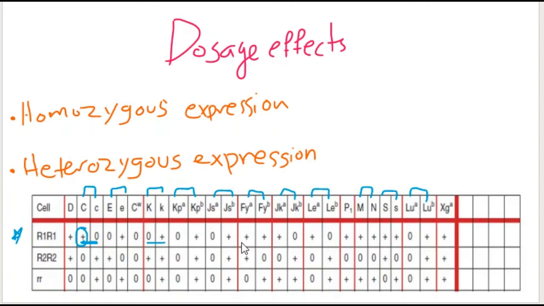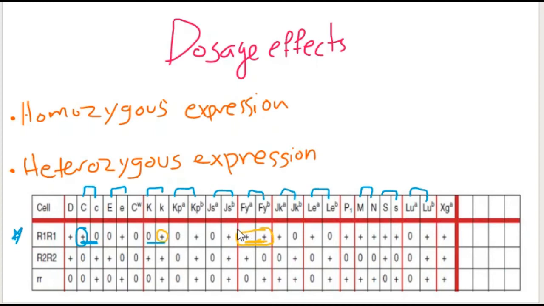Okay, let's look now at Duffy. So here it's homozygote for big C and homozygote for small k. But here it's heterozygote expression because Duffy A and Duffy B are both present on the same cell, both present on the same cell.